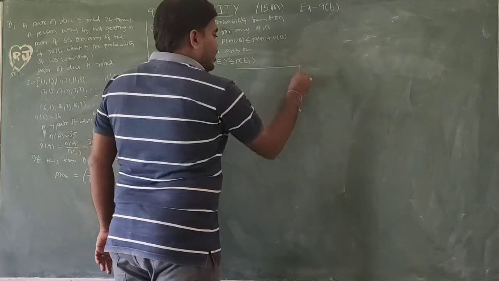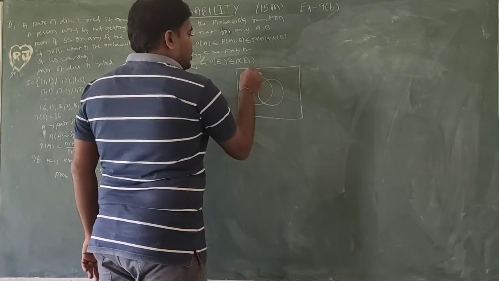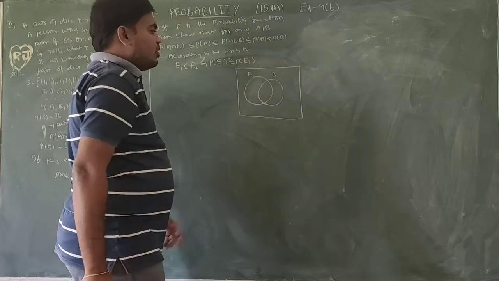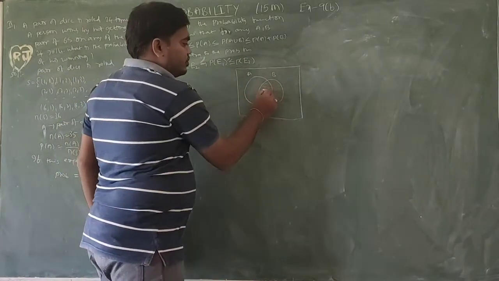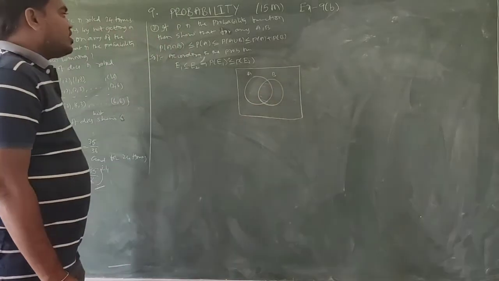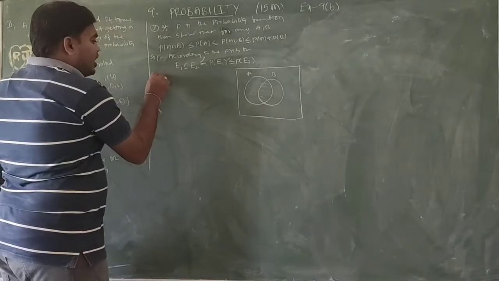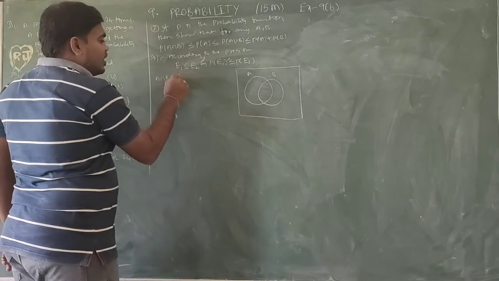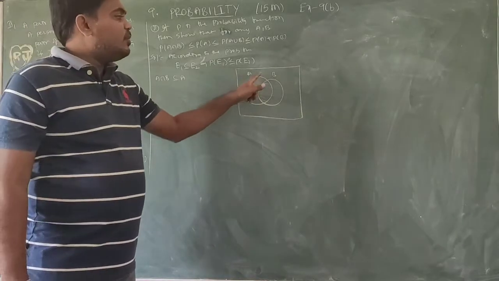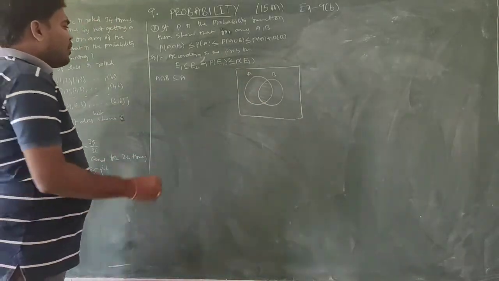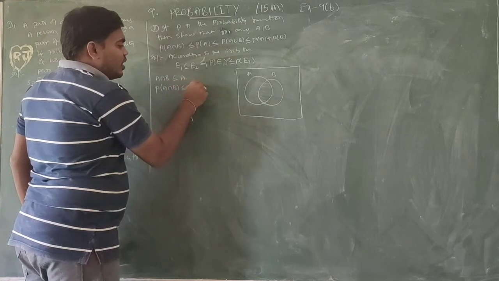Now I am taking a Venn diagram. This is A, this is B. This part is A intersection B. So A intersection B is in A, so A intersection B is a subset of A. A intersection B is in B also. So P of A intersection B is less than or equal to P of B.